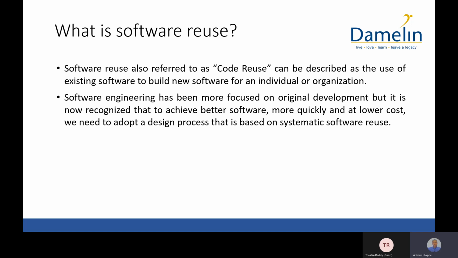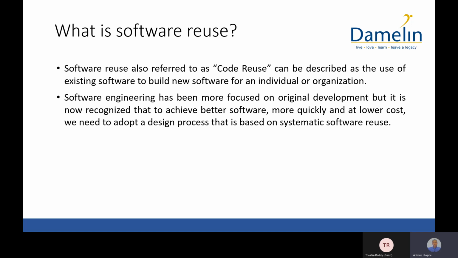So the term code reuse tends to limit the whole concept of software reuse, but we tend to use the terms interchangeably. Code reuse can be described as the use of existing software to build new software for an individual or an organization. Software engineering has become more focused on original development, but it is now recognized that to achieve better software more quickly and at a lower cost, we need to adopt a design process that is based on systematic software reuse.